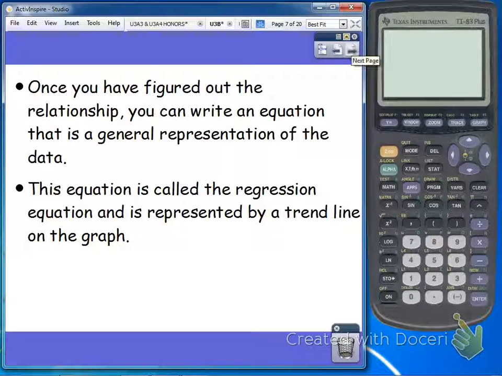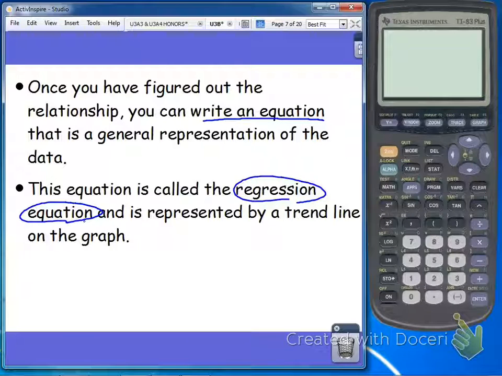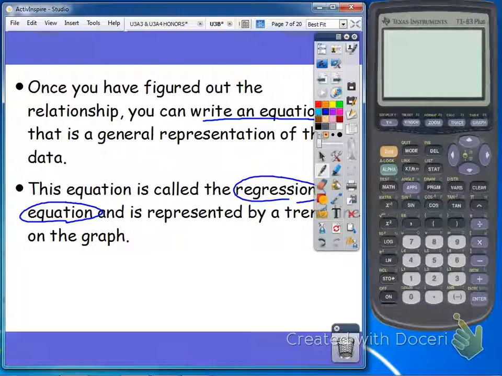Once you have figured out the relationship, you can write an equation that is a general relationship of the data. This equation is called the regression equation. And that is kind of the key next step here in this lesson. So, this little part of the lesson was just to introduce the concept of correlation, and for you also to realize that correlation does not imply causation.